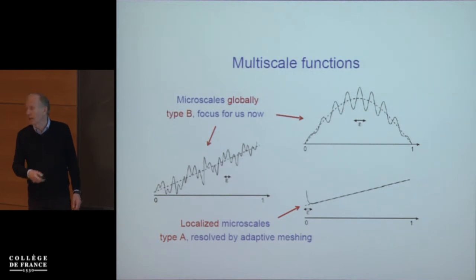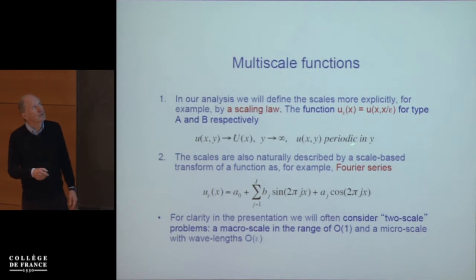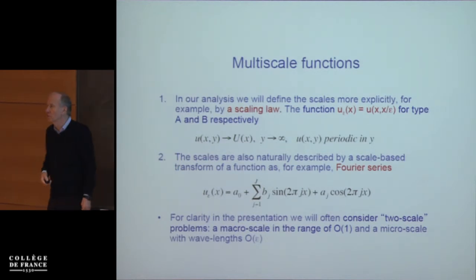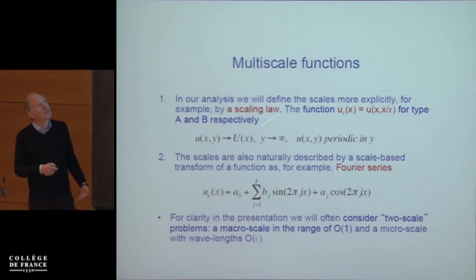So we will look at the other ones where the oscillations are spread over a larger distance. I'll call the one where they are localized type A, which we did, and the ones we focus on, where they're spread out, type B.